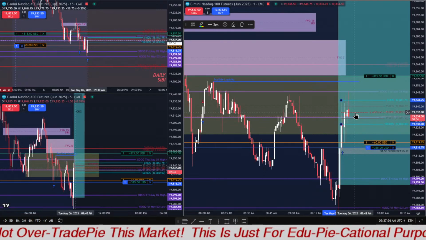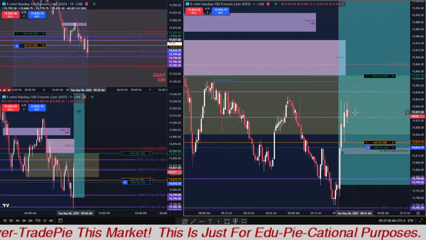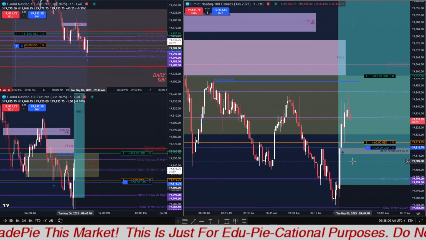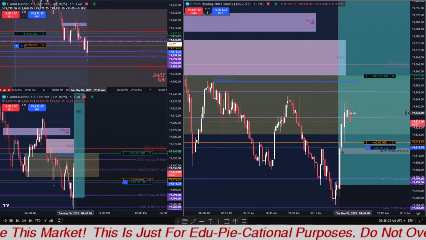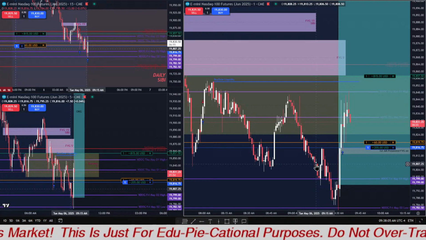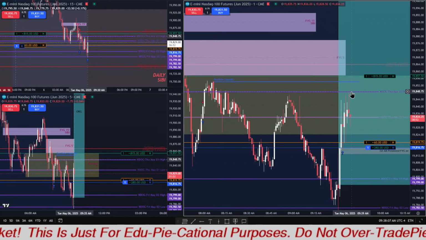So we know the candles are still respecting the midpoint of here after touching the high of the new day opening gap.